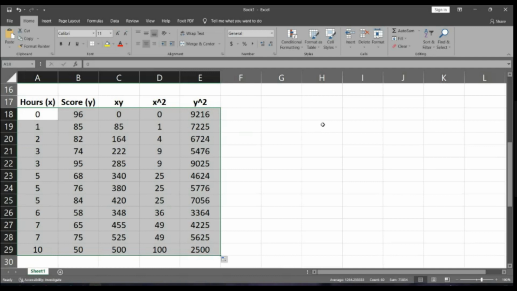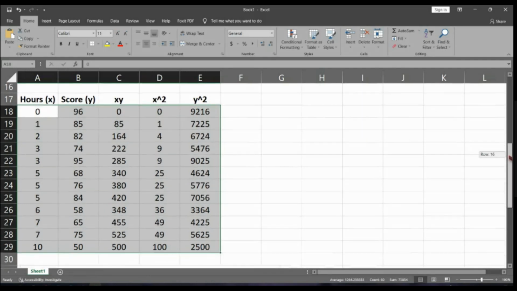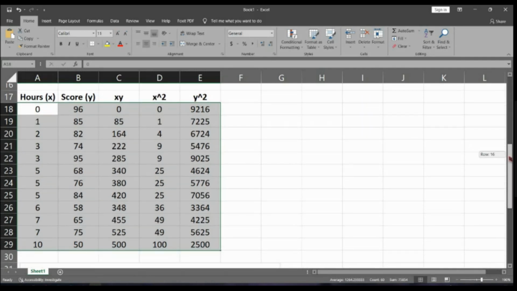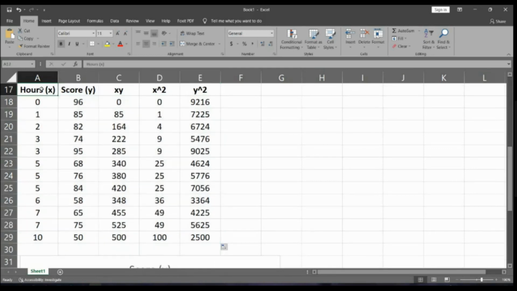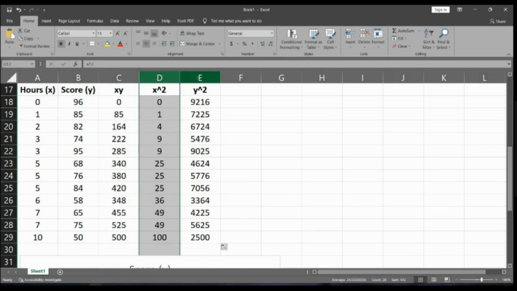Okay, the table. And the next would be the sum, diba? The sum of all the columns. Summation of x, summation of y, summation of xy, summation of x squared, and summation of y squared.